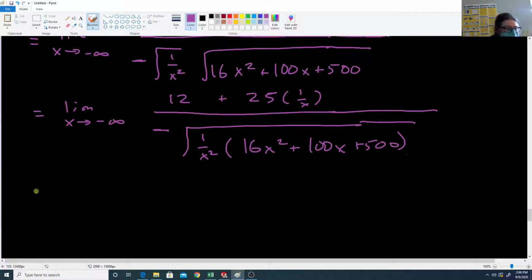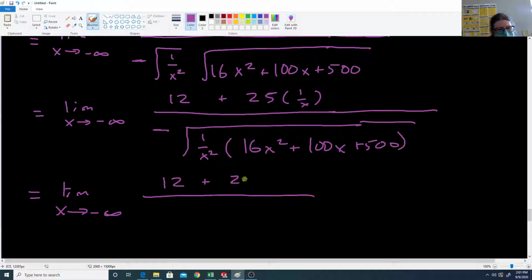We get the limit as x approaches negative infinity of 12 plus 25 times 1 over x, all over negative.